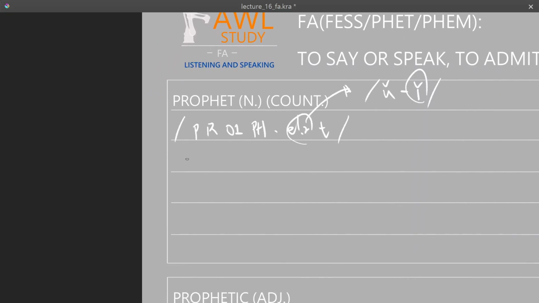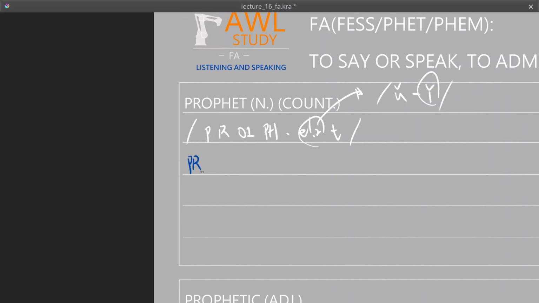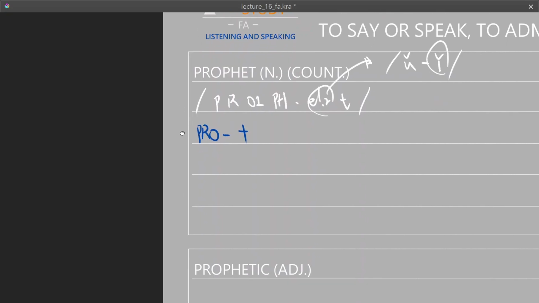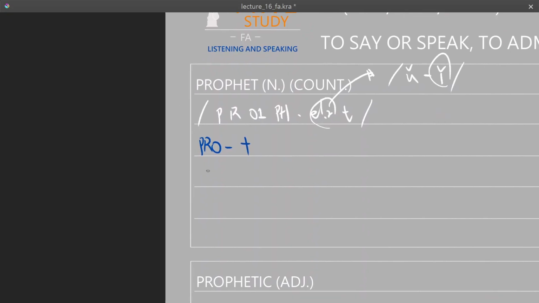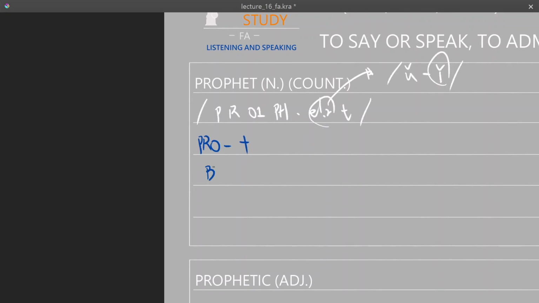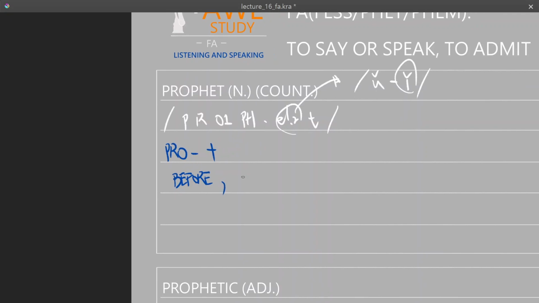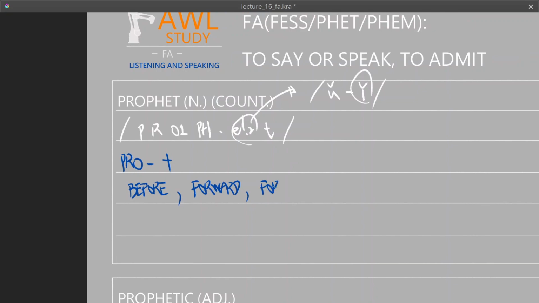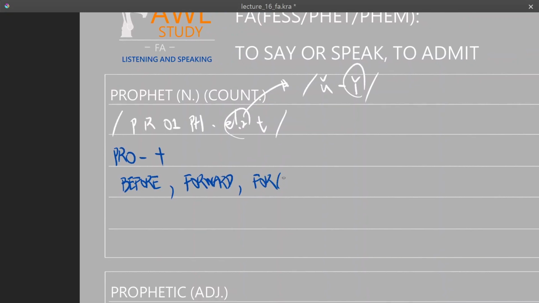So we have again the prefix pro. The prefix pro sounds familiar. Pro means before, forward, or for. That means support.